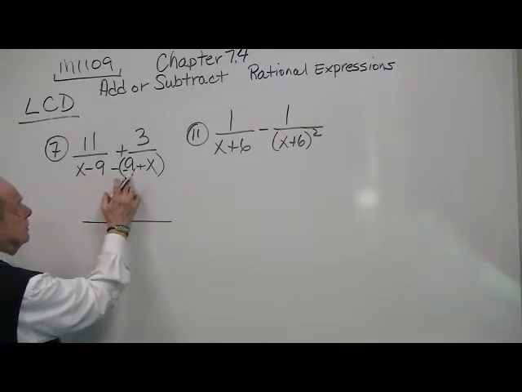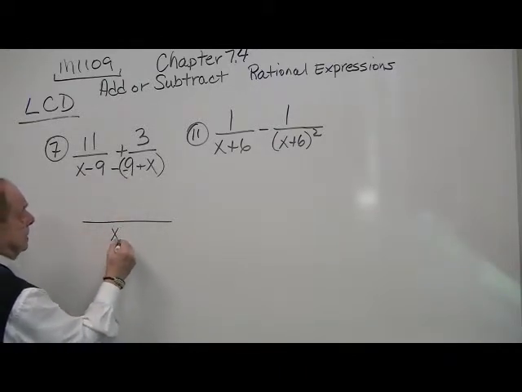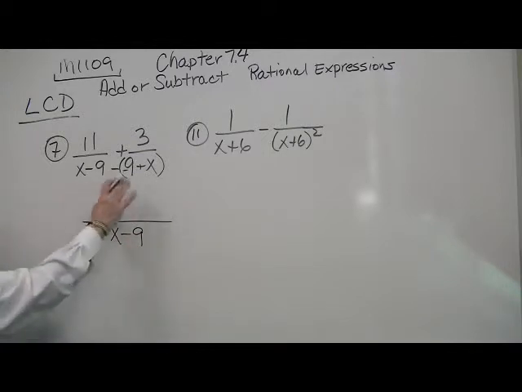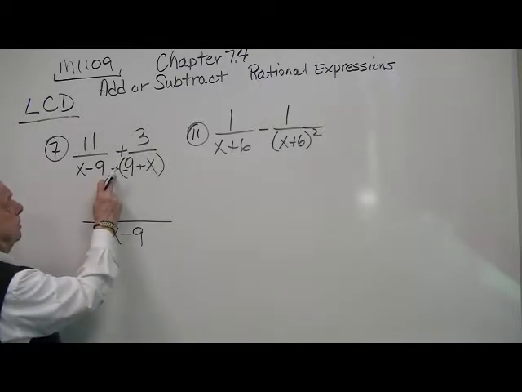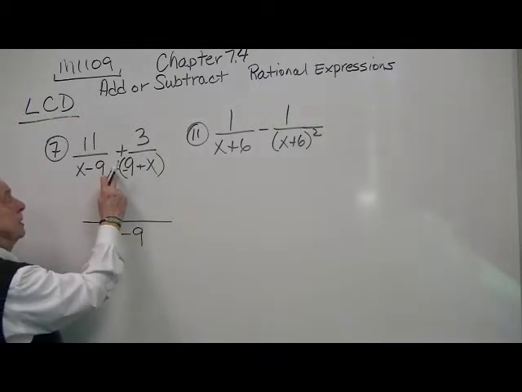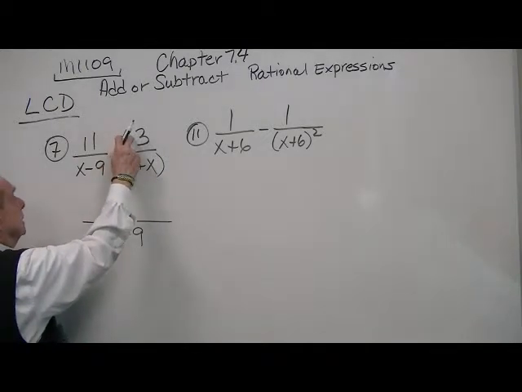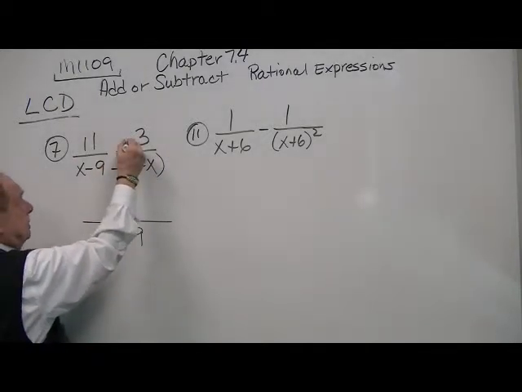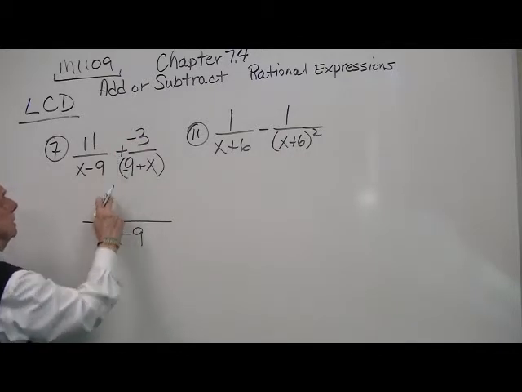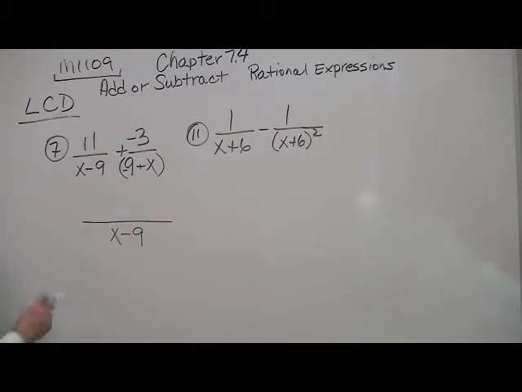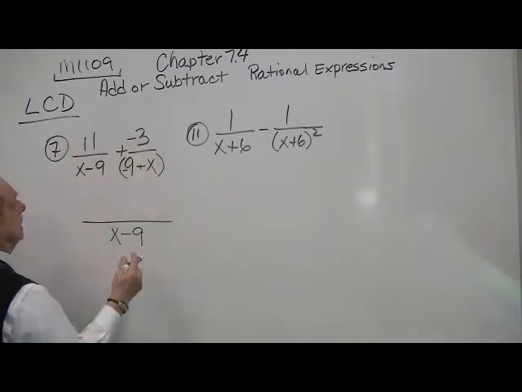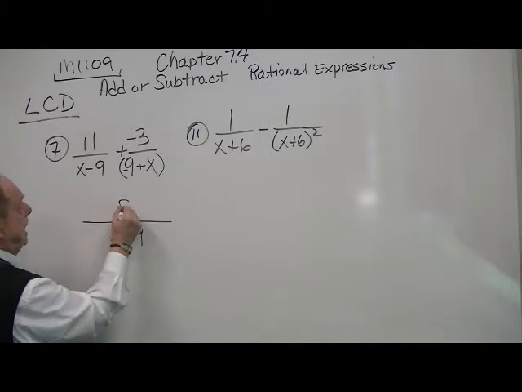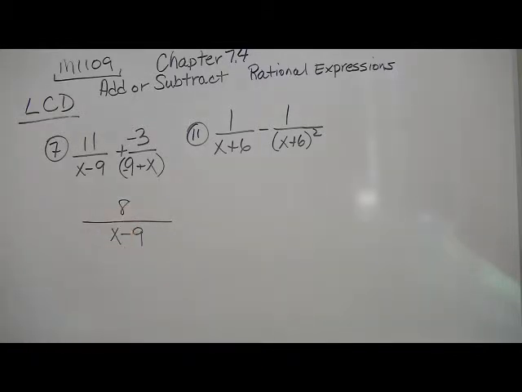So this would be x minus 9 as our common denominator. Now, what do you do with this negative? Remember, you could have the negative there, or you could have it up there. So that's where I'm going to put it. So now 11 minus 3 will be 8. And there's your answer.